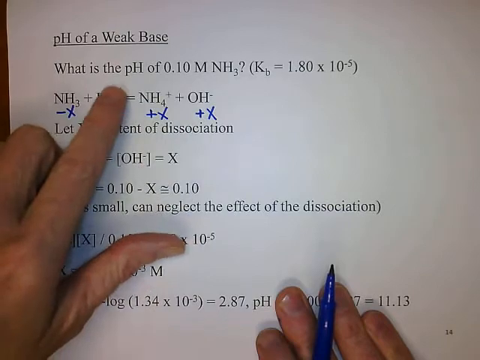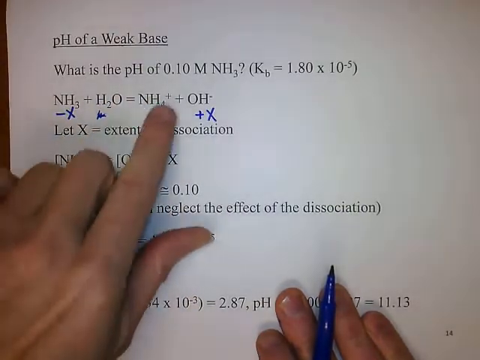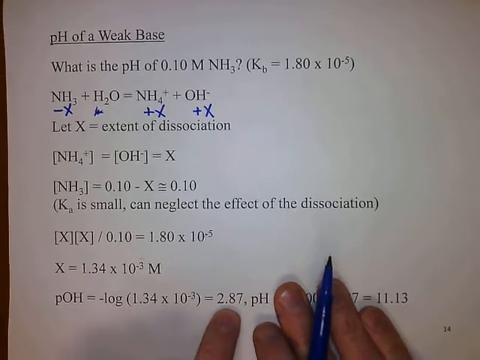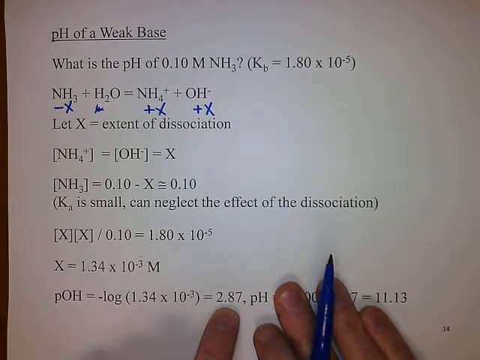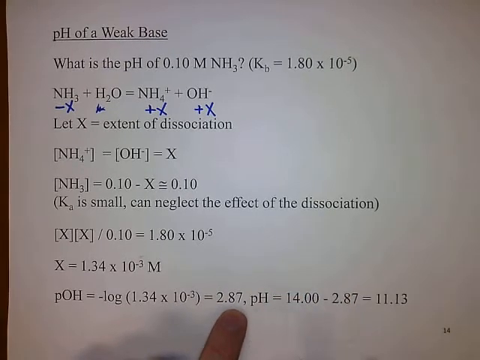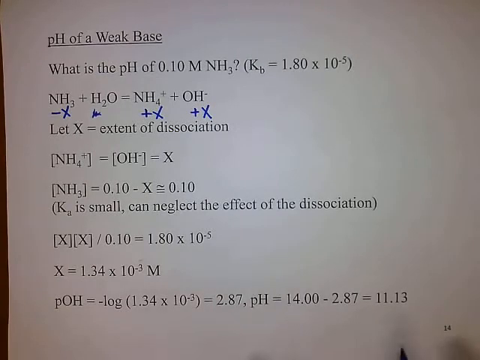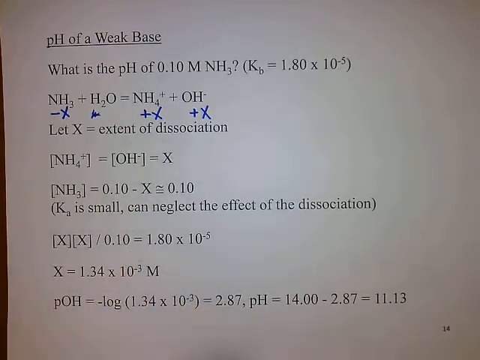You were asked to solve for the pH of the solution. So 2.87 is not the pH, it's the pOH. To get the actual pH, we have to subtract that from 14, and that comes out to be 11.13.